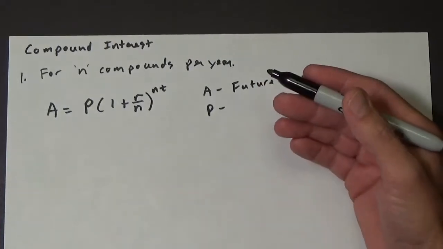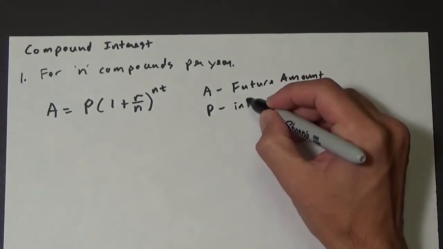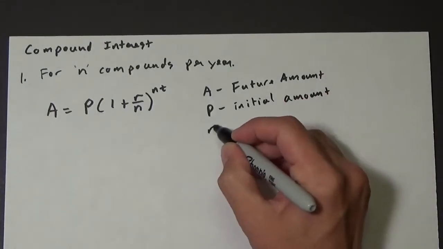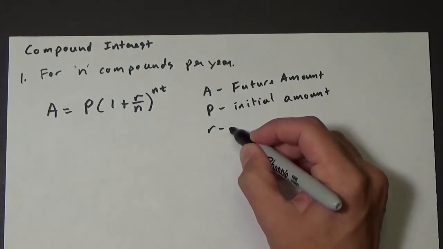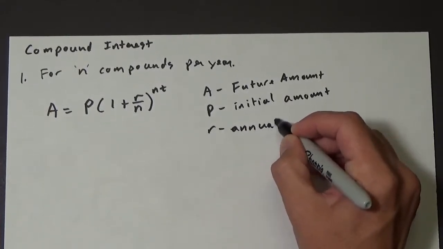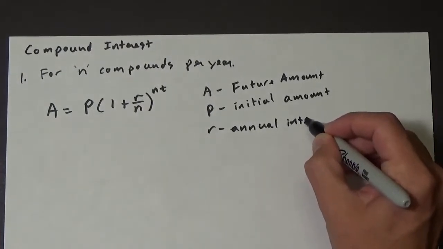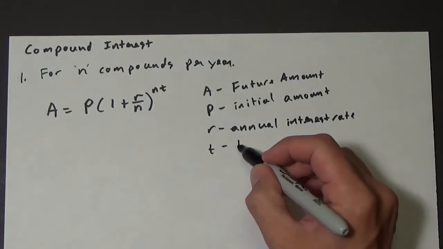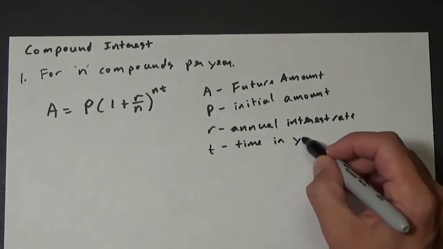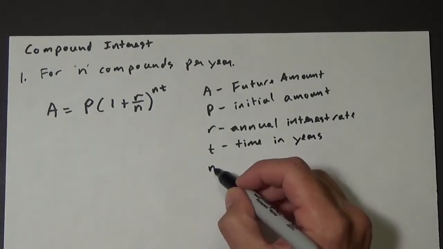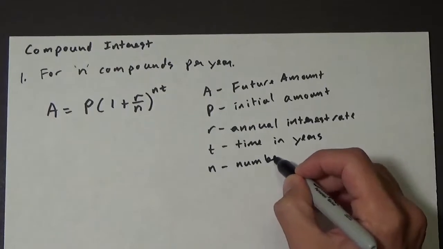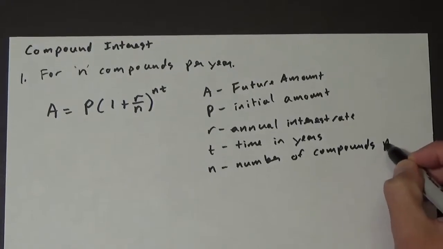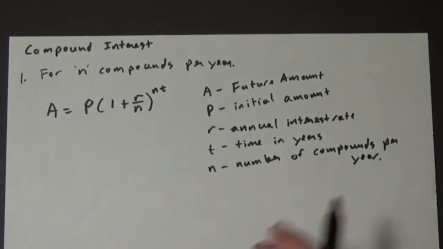P, normally we call it principal amount, but I will just call it an initial amount. R is our annual interest rate. T is time in years. And N is the number of compounds per year.